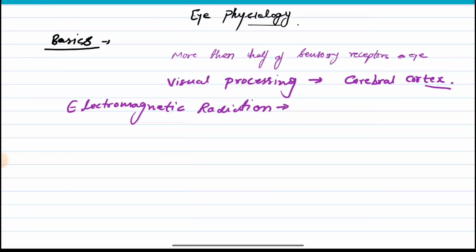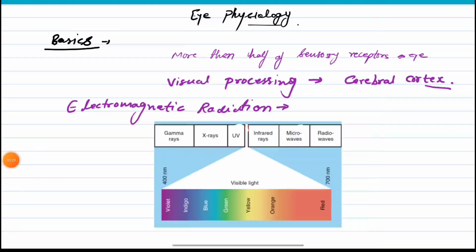Okay, so I have a sequence of rays in an increasing order of their wavelength, and these electromagnetic rays are combinedly known as the electromagnetic spectrum. So this entire range of electromagnetic radiation is called the electromagnetic spectrum.